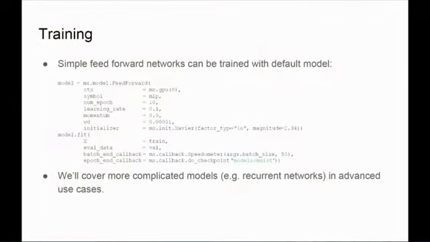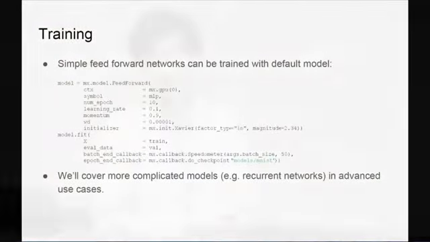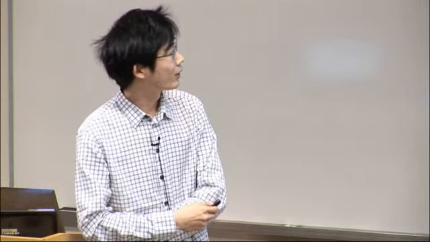So after you have the data and the graph, you can train it pretty easily by first creating a model object. You specify the context you want it to run on. This is GPU 0. You can feed an array here, GPU 0 to GPU 4, and it will parallelize that for you.